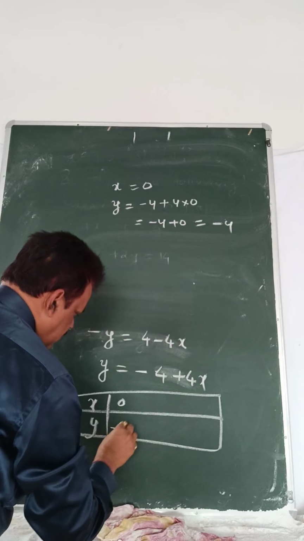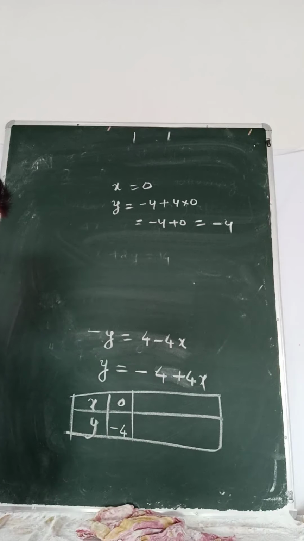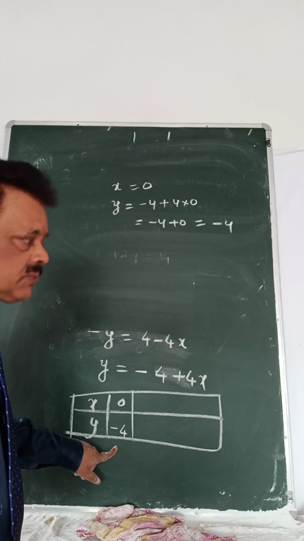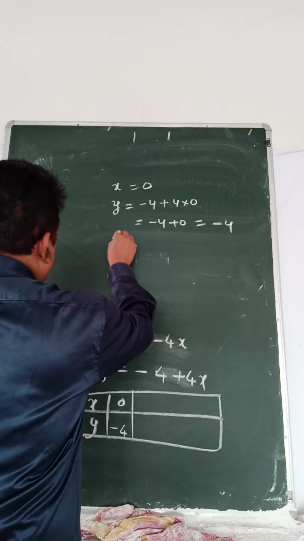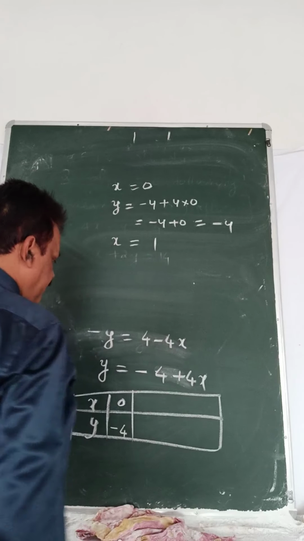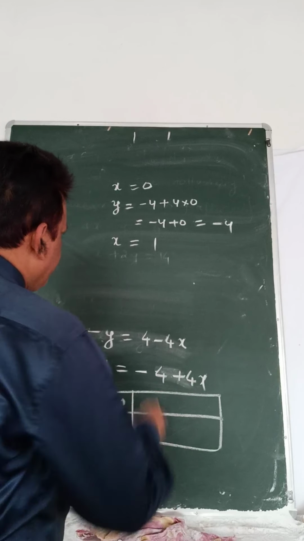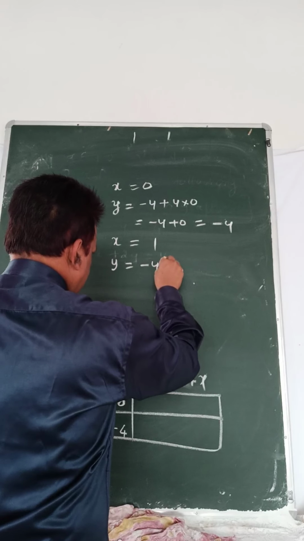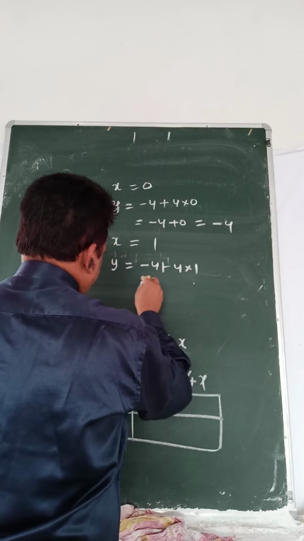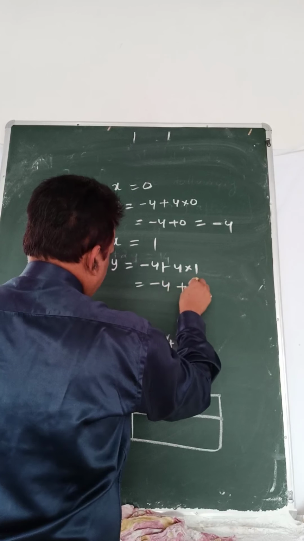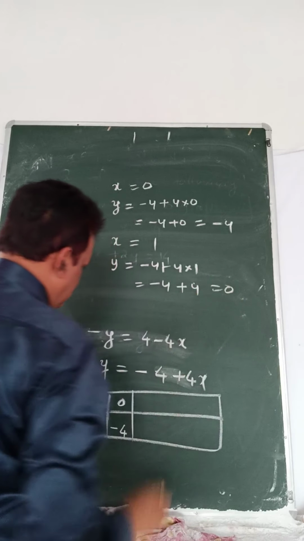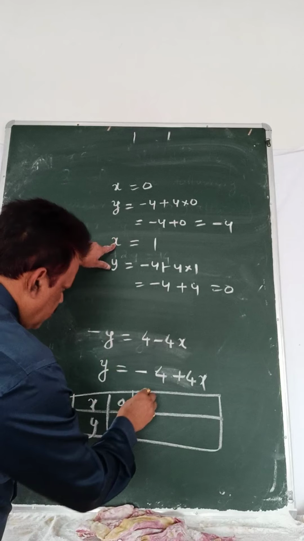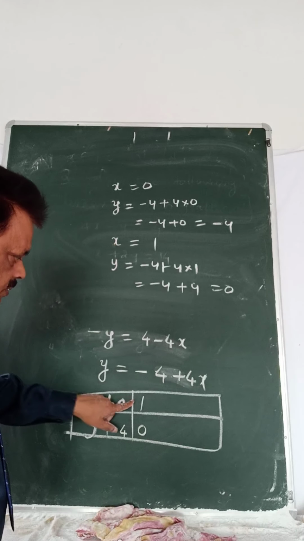You got minus 4. Okay, 0, minus 4. Then put x equals any value, suppose 1. So y equals minus 4 plus 4 into 1. Minus 4 plus 4, that is 0. So when x equals 1, y is 0.